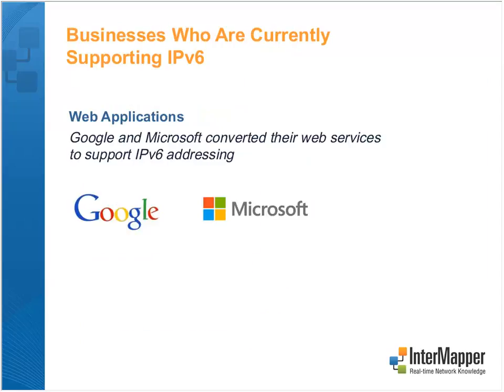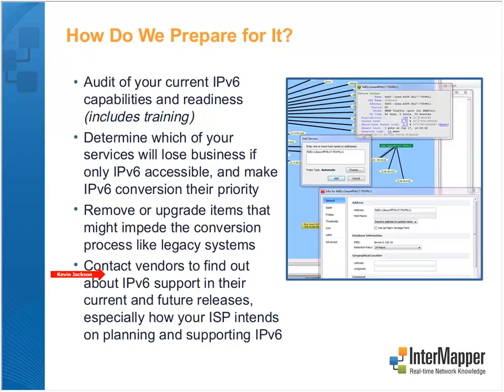The next couple of slides, actually go back to this previous slide, just to mention InterMapper, our current monitoring solution here, can currently support IP version 6. As you can see, this diagram shows that we're monitoring a device using IPv6 addressing.